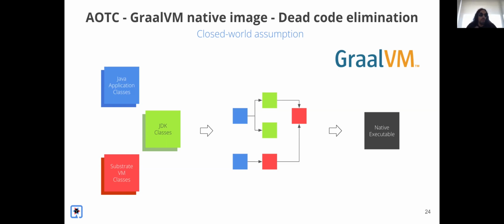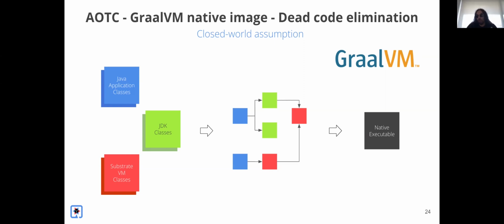But as you can probably think, when you're building something to native, or to an executable, you require this closed world assumption, right? So how are you going to load things dynamically? That's simply not possible.